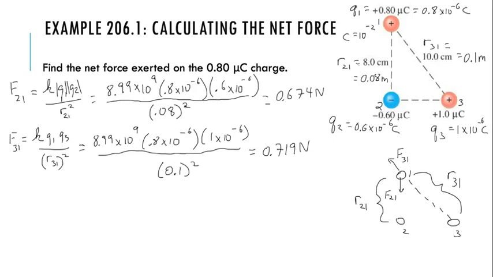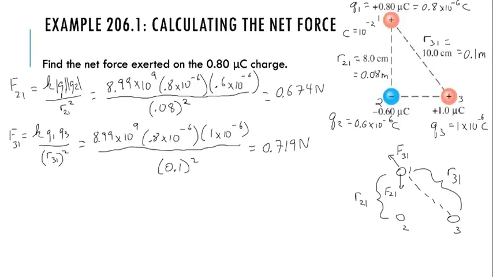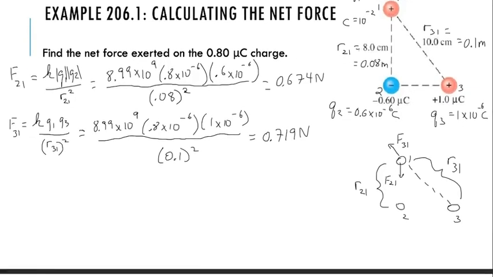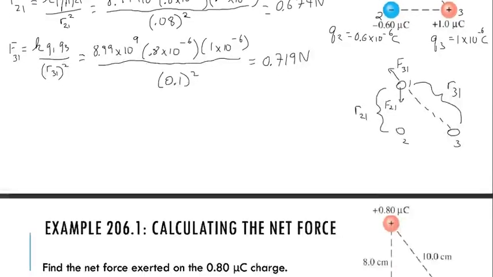We have one force that is straight down, so it only has a y component. And then we have one force that is to the left and upward, so it has an x and a y component. So whenever I find my x and y components, I like to draw a little table to really separate those. So I'm going to go ahead and do that on the next slide to make sure that we have plenty of room.